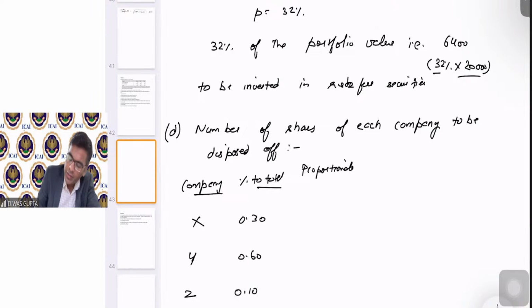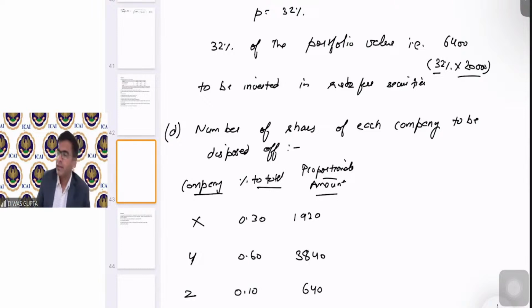Proportionate amount out of the 6,400 will be: 6,400 into 30%, which is 1920 lakhs. Correct. Then 3840 lakhs. Then simply 640 lakhs.